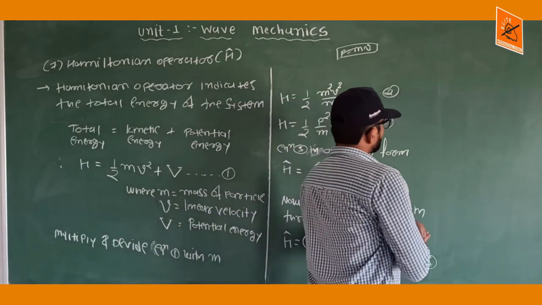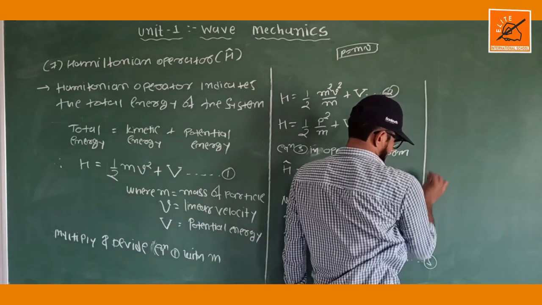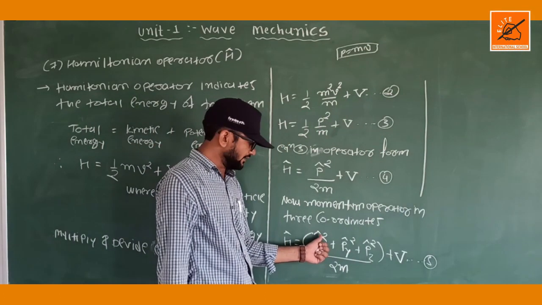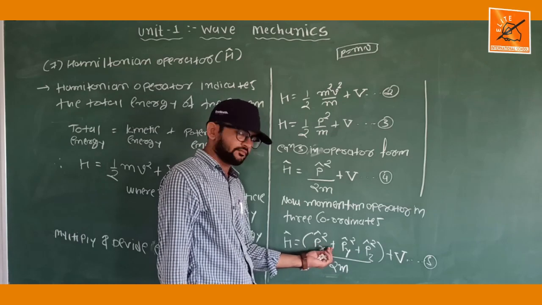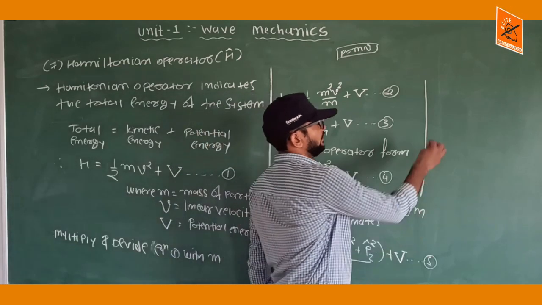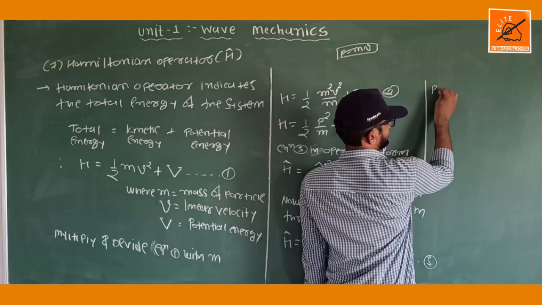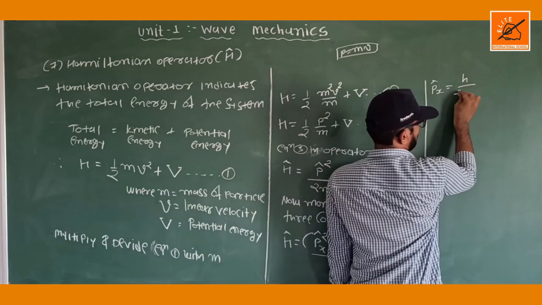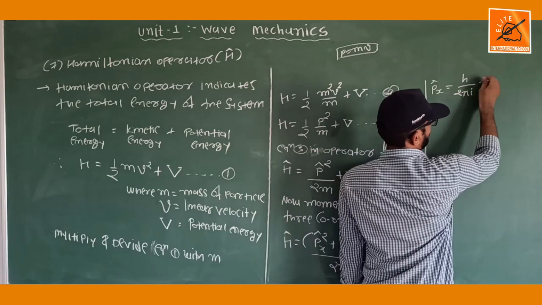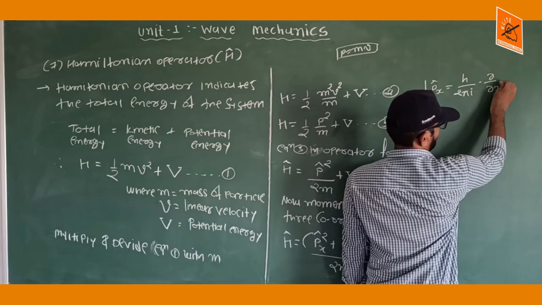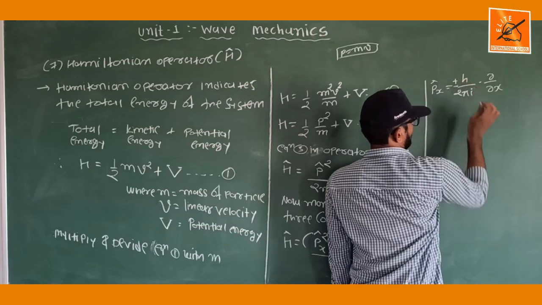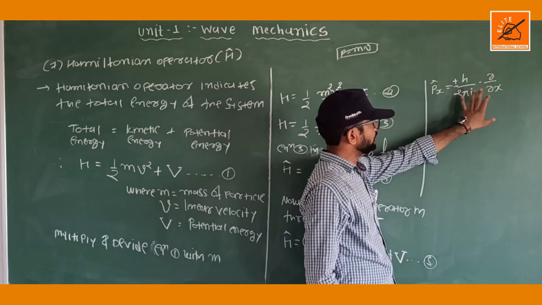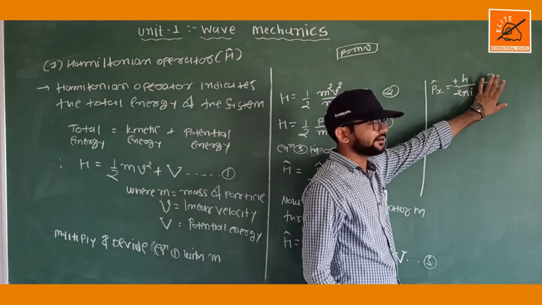First of all, what is the value of px? Px indicates the momentum operator along the x direction. It means the value of px cap is equal to plus or minus h upon 2 pi i into d upon dx.